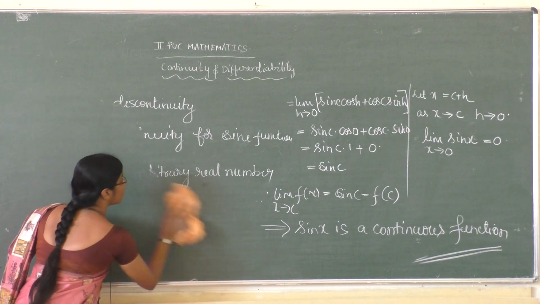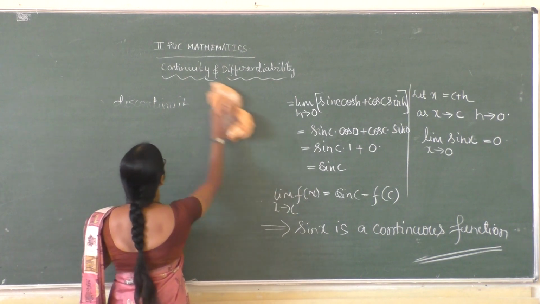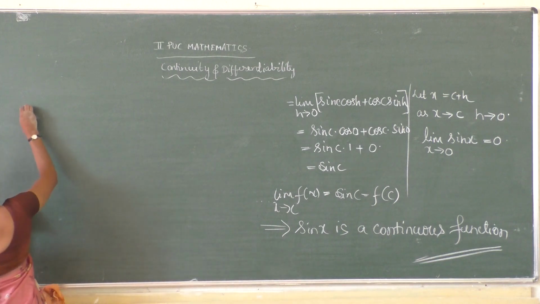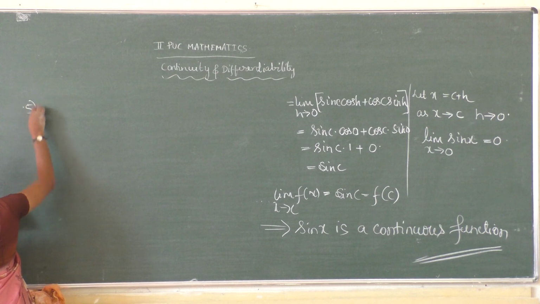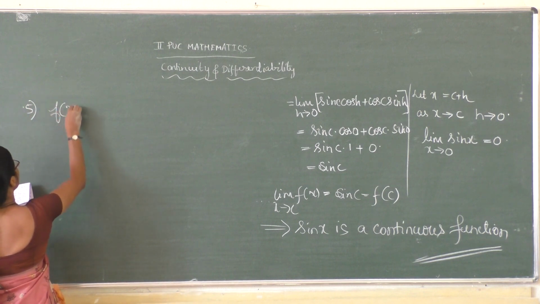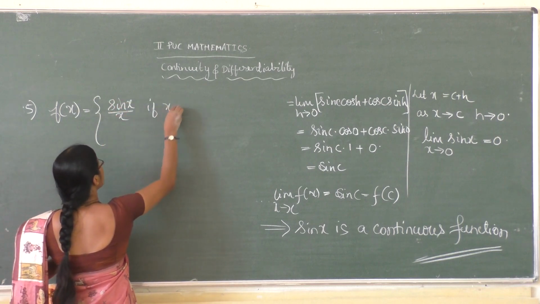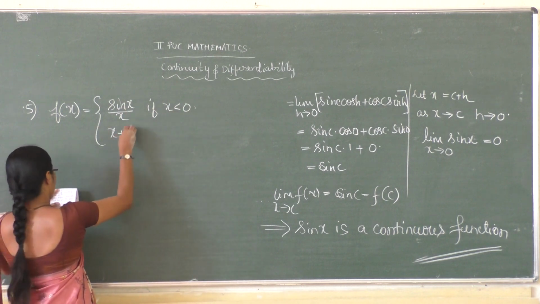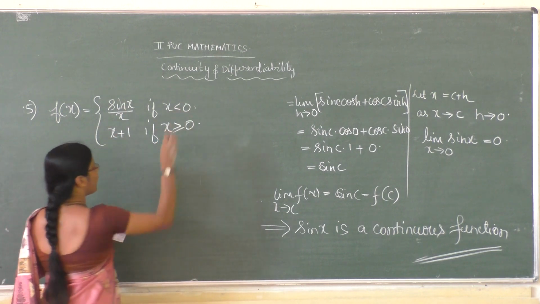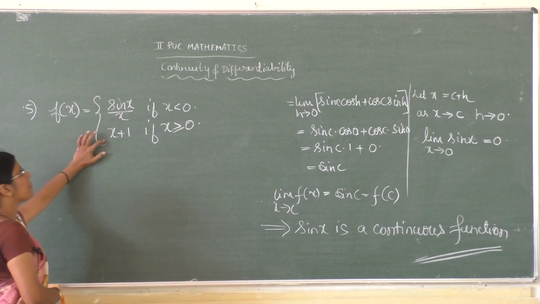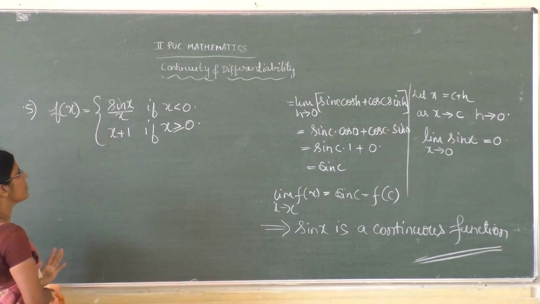So now we check some functions which include trigonometric functions. Next problem: find all the points of discontinuity of the function f of x equal to sin x by x if x is less than 0, and x plus 1 if x is greater than or equal to 0.